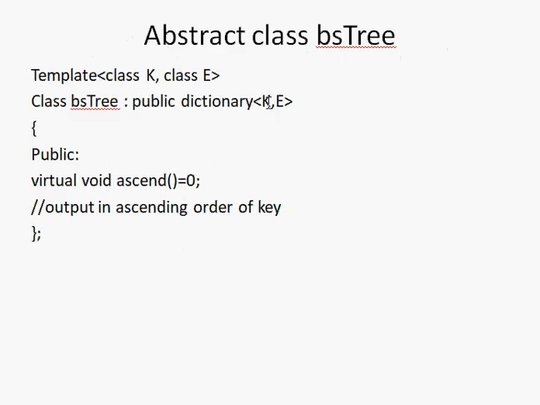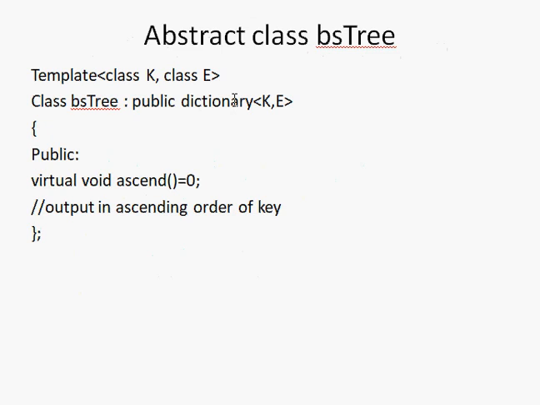This is an abstract class binary search tree. So this is not doing anything. It is simply the function which derives dictionary. We have already discussed the dictionary method using the method called hash function.